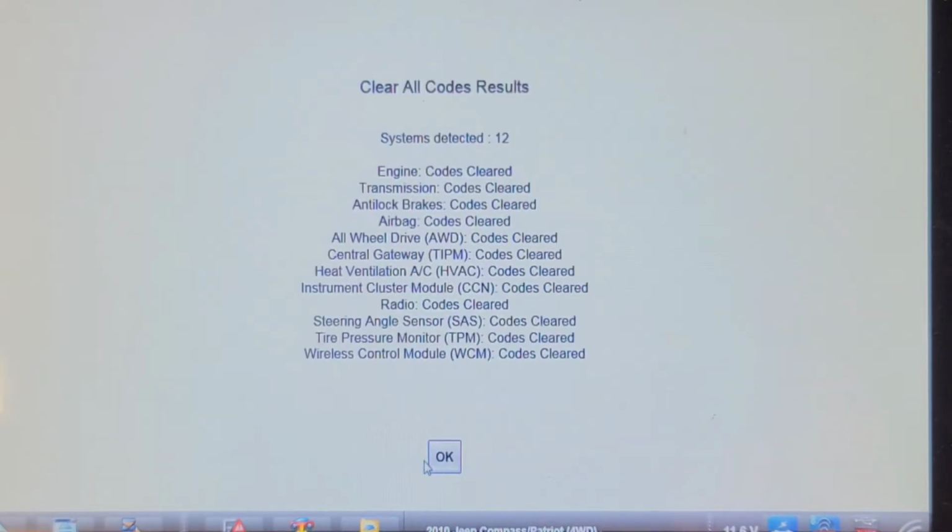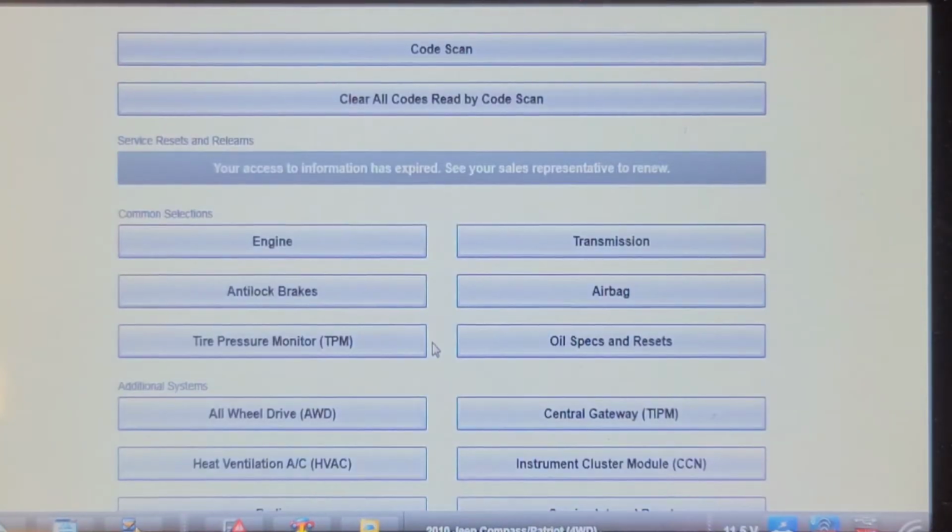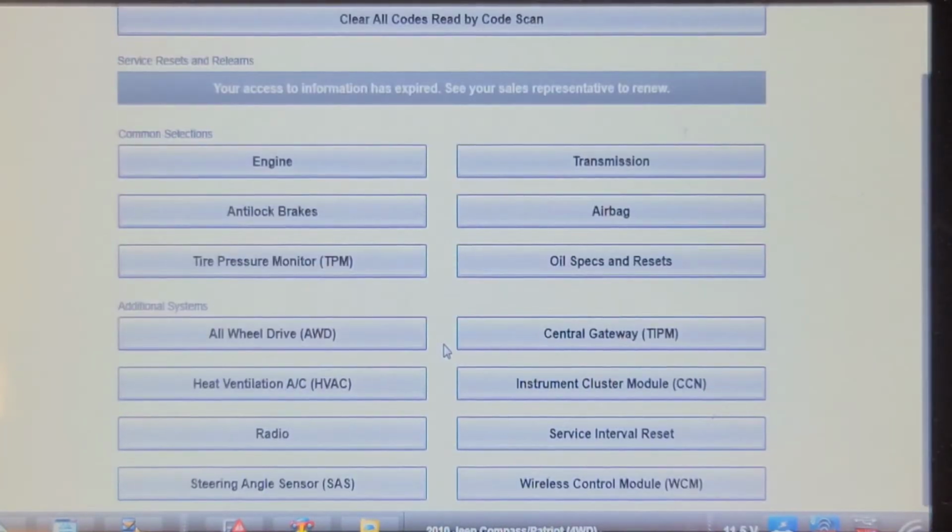Some of the headlight codes may only come back when you try to activate the headlights, like try to turn on the high beam or the low beam or vice versa. And of course it says it cleared all codes, but that doesn't necessarily mean that they cleared.